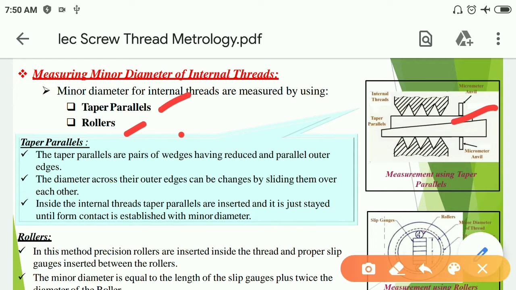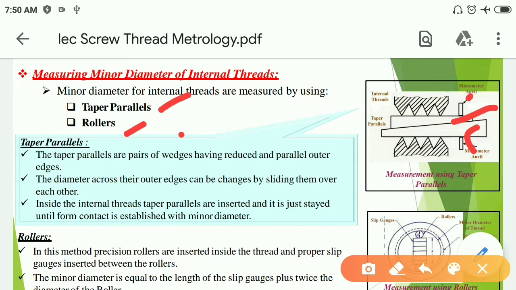Inside the internal threads, taper parallels are inserted and adjusted until contact is established with the minor diameter. As shown in the figure, both the pairs are slid till they touch the threads, and the micrometer reading is noted.